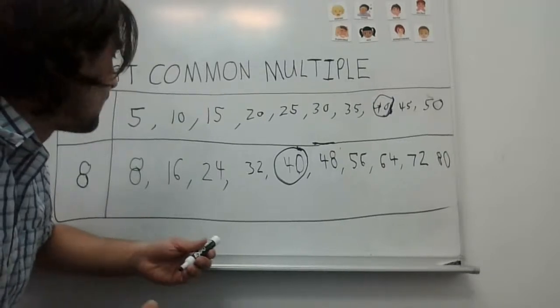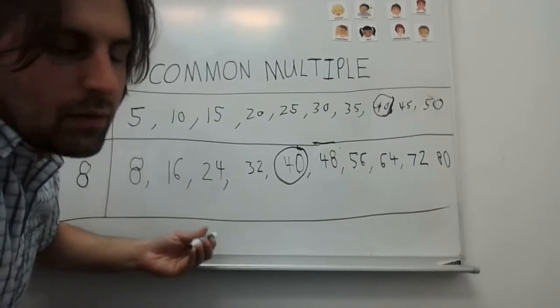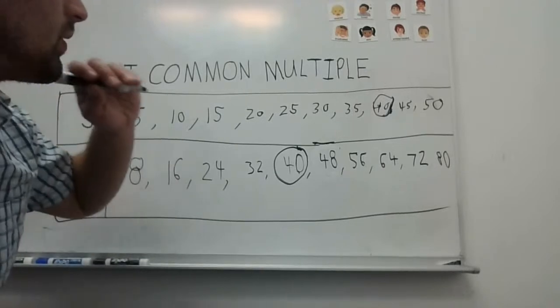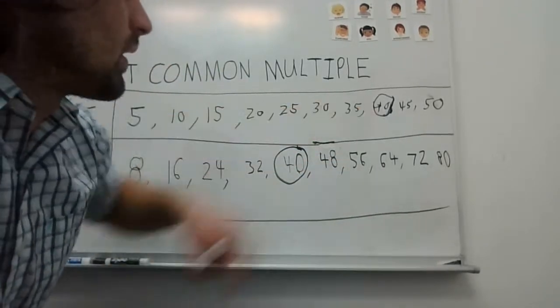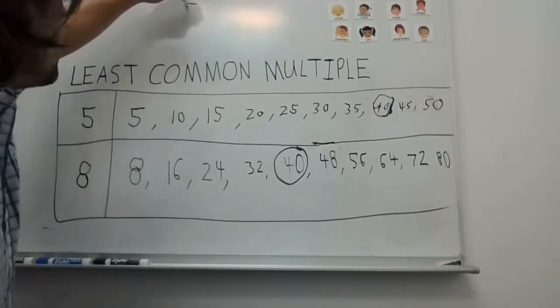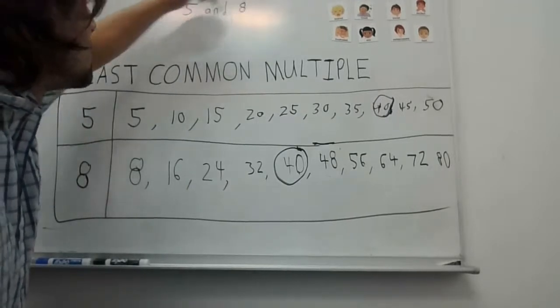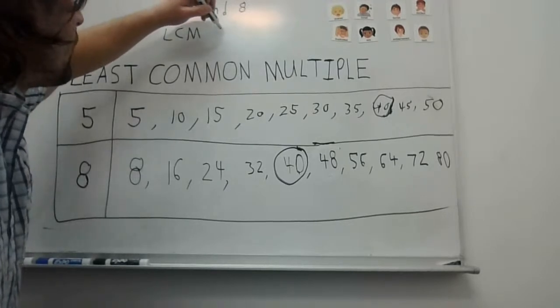And if I kept going, I would find 800 would be a common multiple between 5 and 8. There would be other multiples in common, but the smallest multiple, the least common multiple between 5 and 8 is 40.